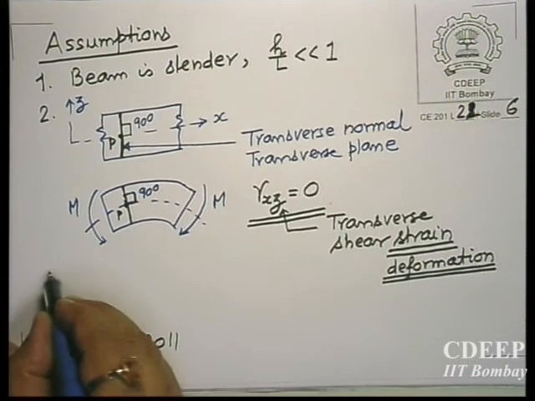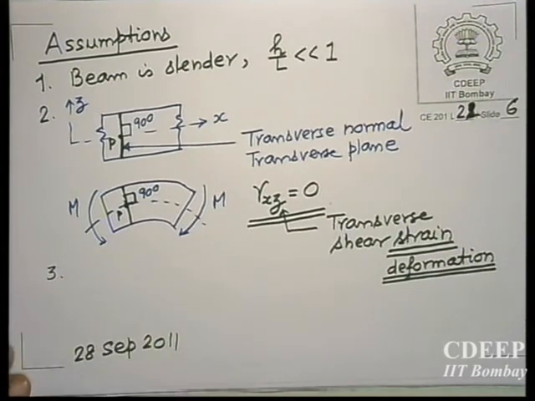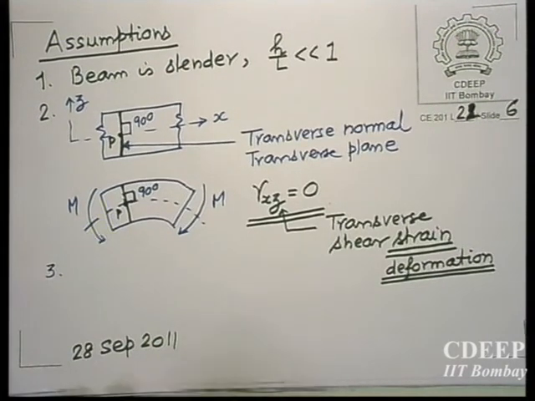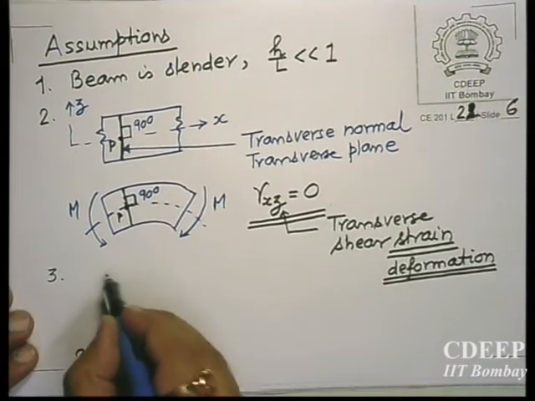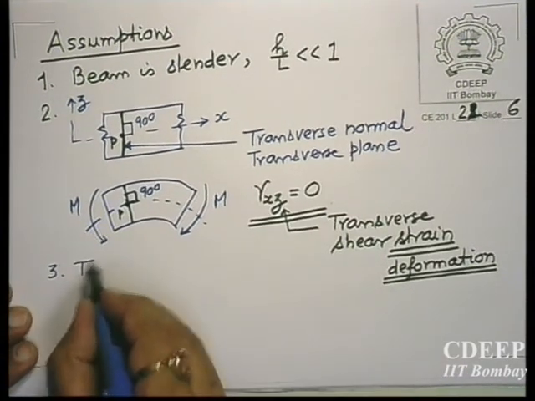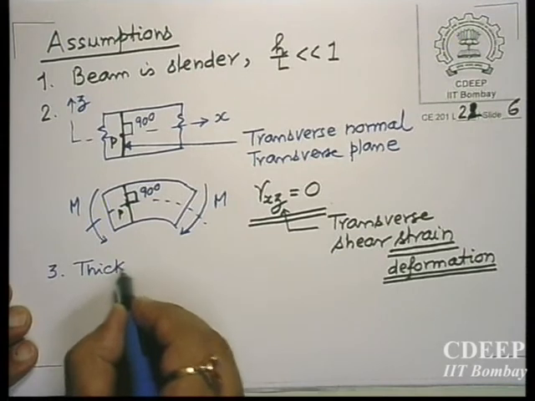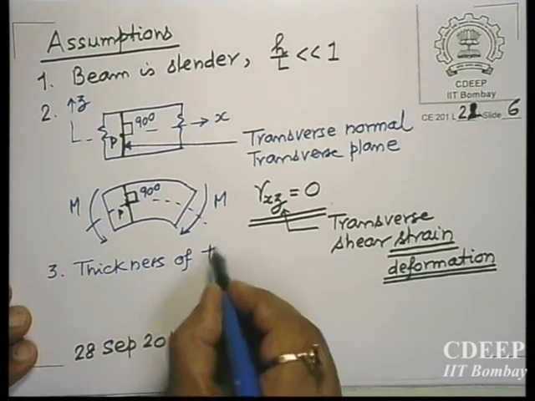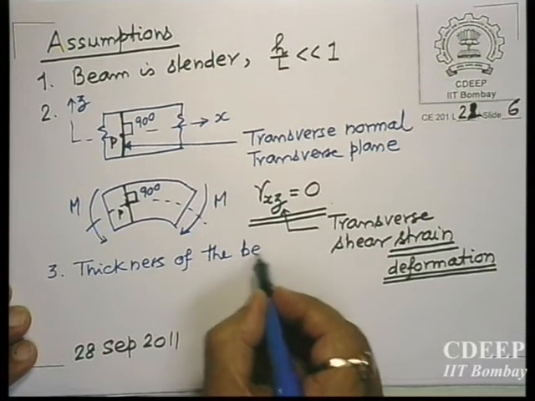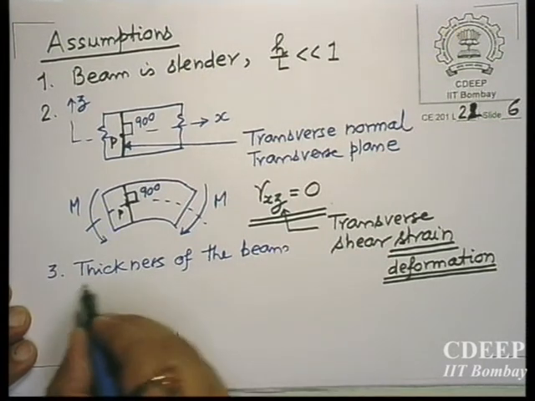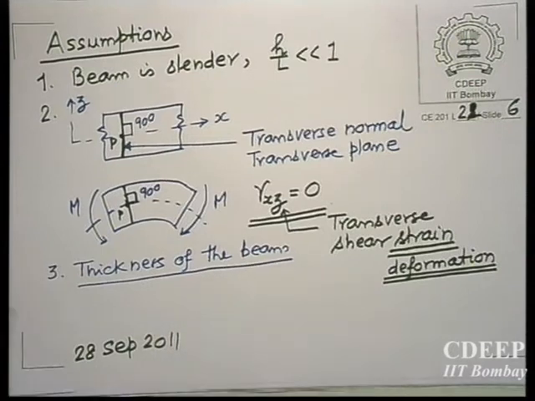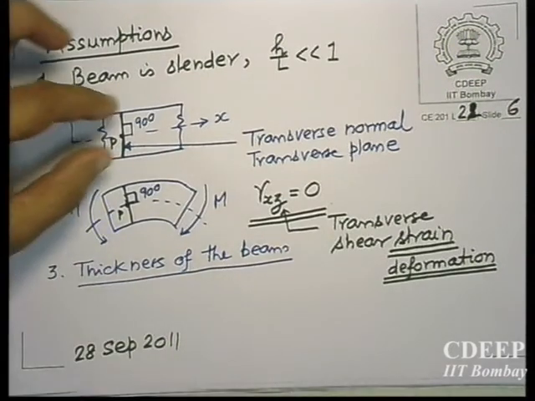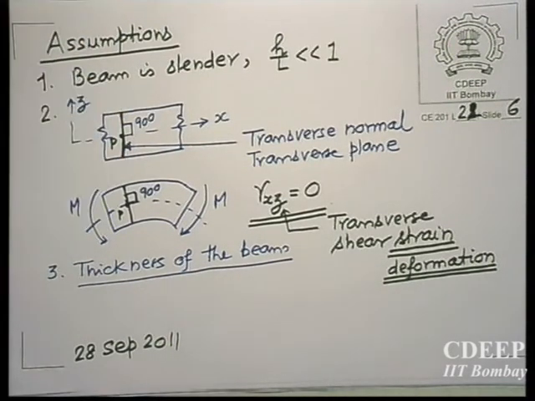Third one, on which this theory is based: the thickness or depth of the beam. What happens to the total depth of the beam when it is subjected to pure moment?